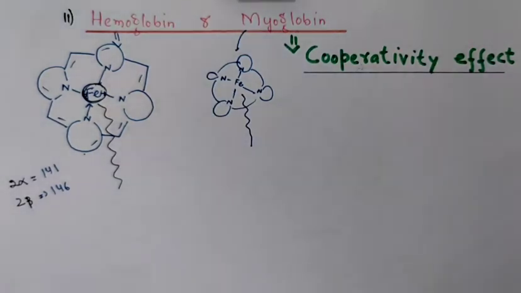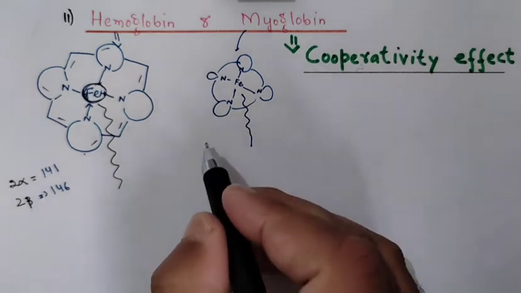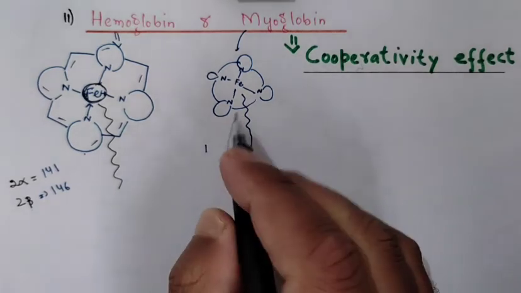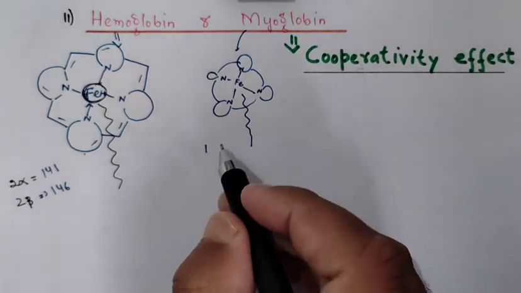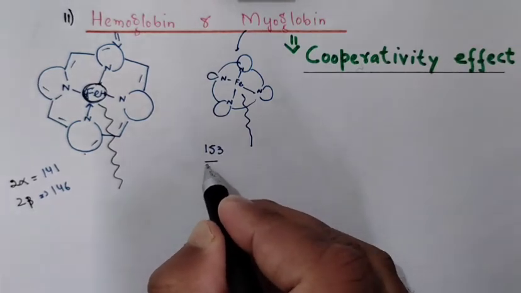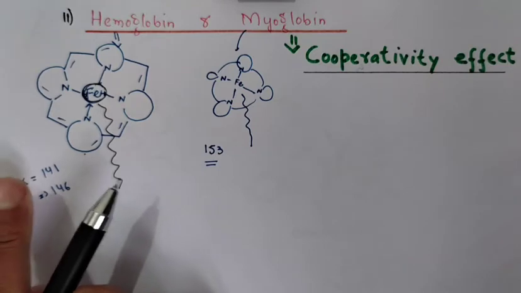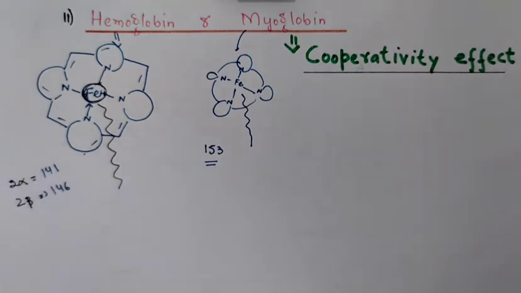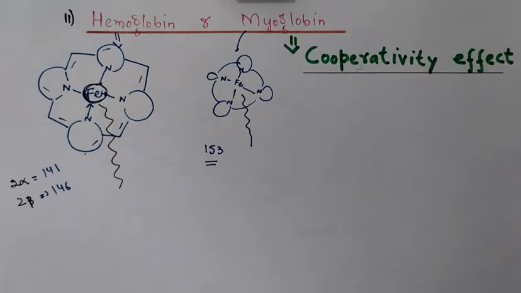In myoglobin the single chain contains 153 amino acids. That's it. So here the alpha chain has 141, with 2 alpha chains and 2 beta chains, and the beta chain has 146. While in myoglobin we have only 153 amino acids, a single chain and a single heme group. So that is all about the basic structure.